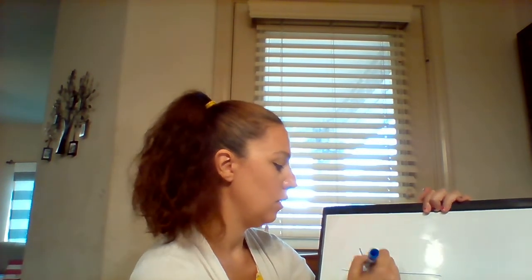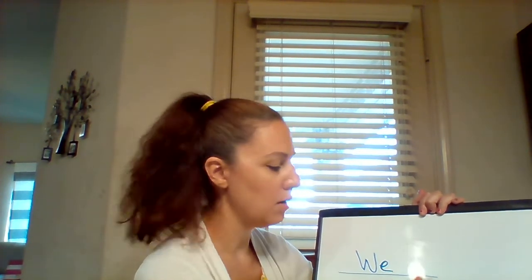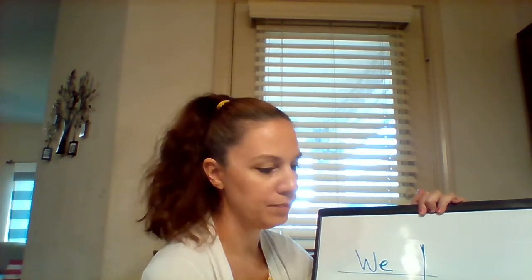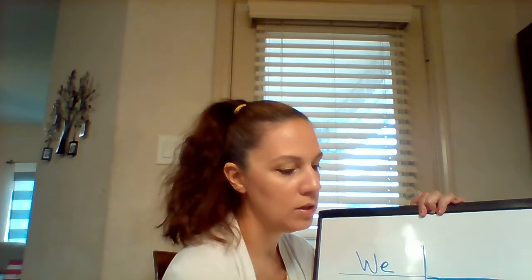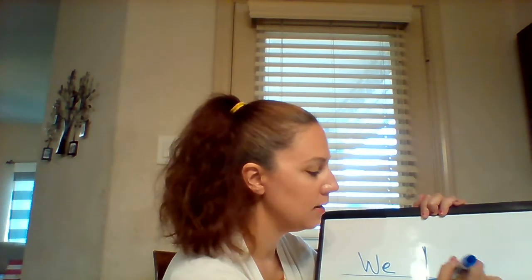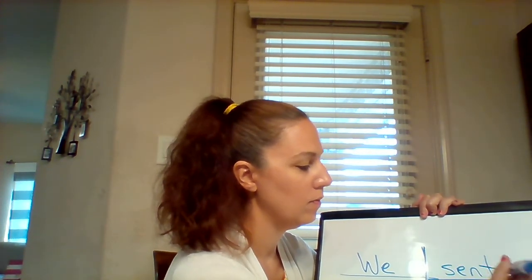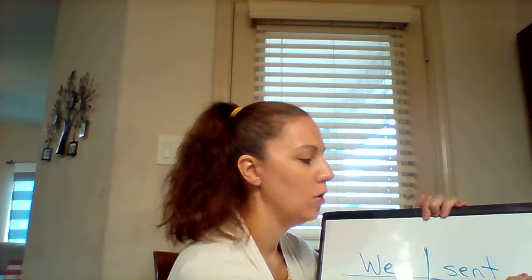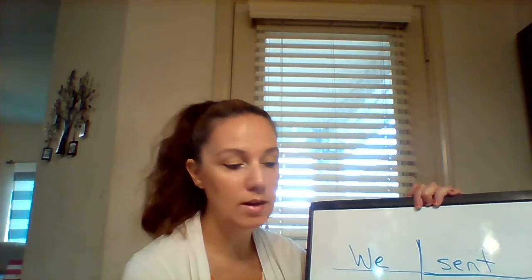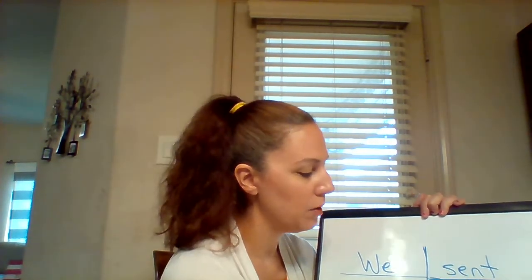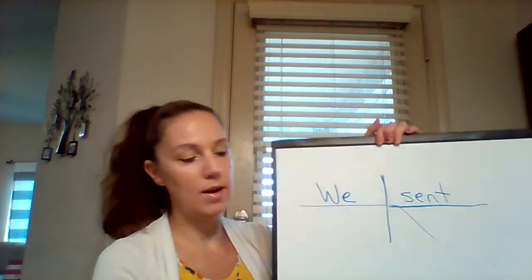Okay, who is doing the action? We are. So that's your subject. Okay, I'm going to split it from my predicate. What did we do? We sent. Okay, who I sent them to is my indirect object. So that's going below my predicate.